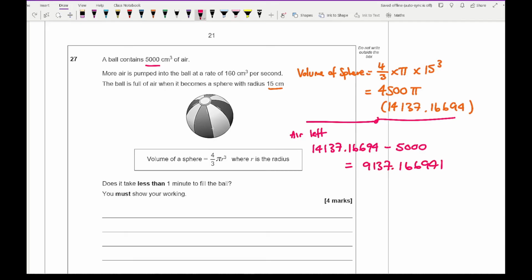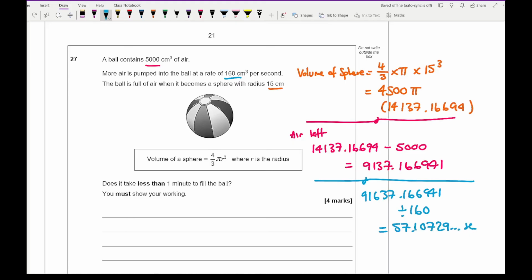So that's how much air is left. Then if I divide that by the rate, which is 160, so 9137.166941 divided by 160, that gives us an answer of 57.10729 and so on. And that's going to be in seconds.